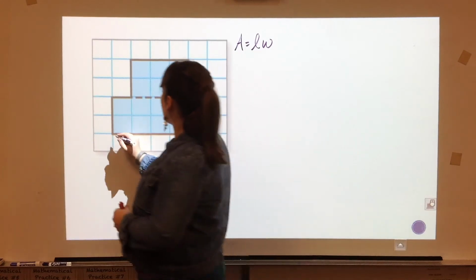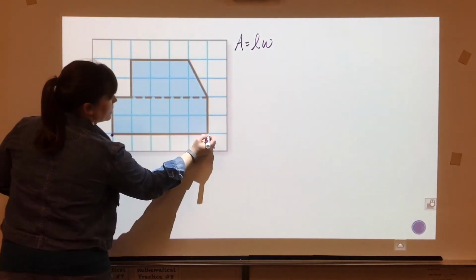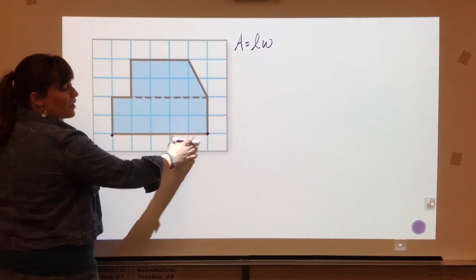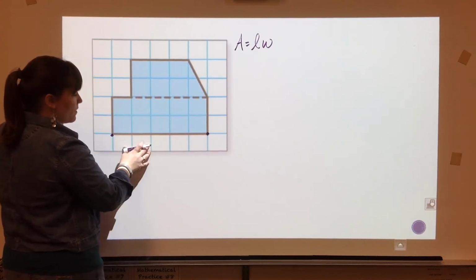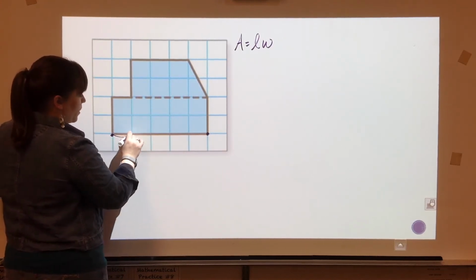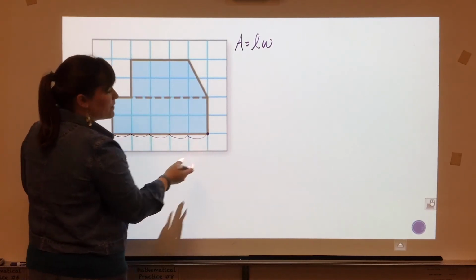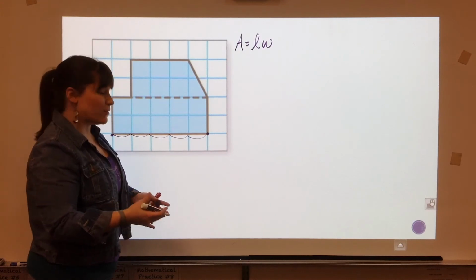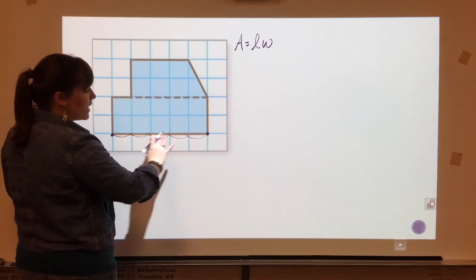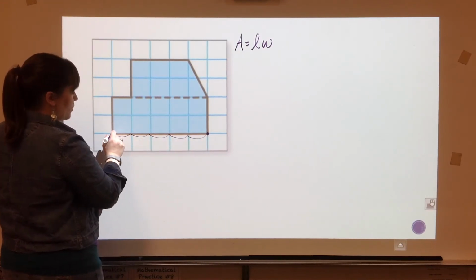So we have to take these vertices and figure out the distance so that we can find the length of this rectangle. So 1, 2, 3, 4, 5. Since we don't have a coordinate grid to refer to, we can't subtract. We're just going to literally find the spaces. And notice I started counting when I started moving.